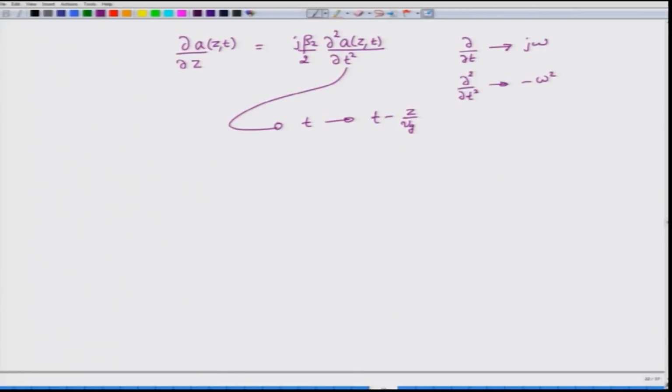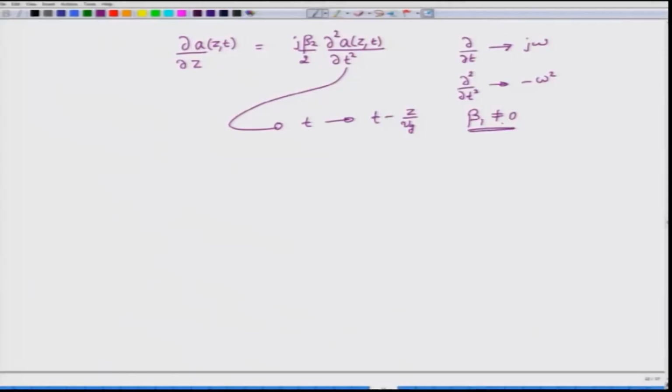You recognize that z by Vg would be the delay that the center of the pulse would experience while propagating through the fiber with a velocity Vg, and we have simply taken the time reference to be on the center of the pulse. Therefore, the time that we are measuring around the pulse is not the time with respect to a global coordinate system, but rather a time measured at the center.